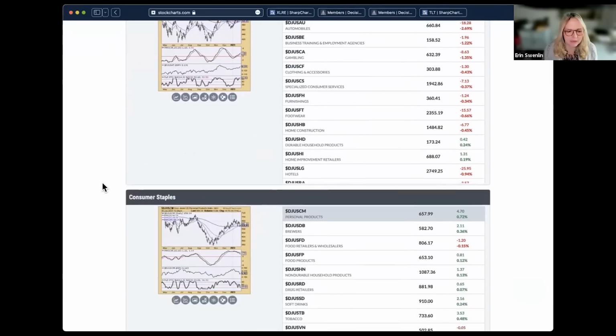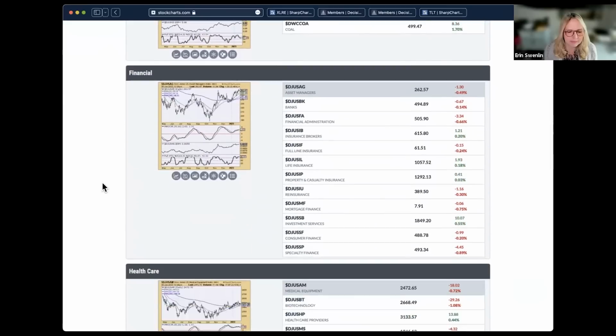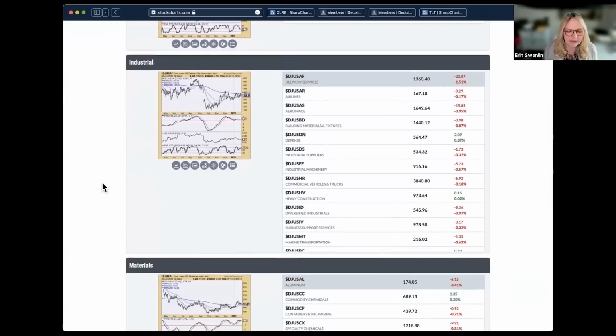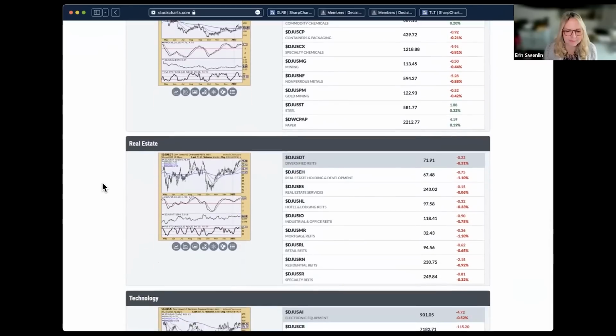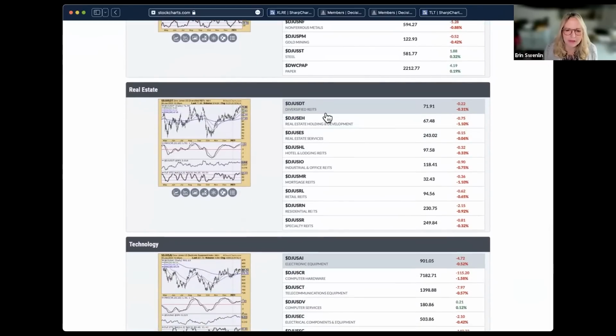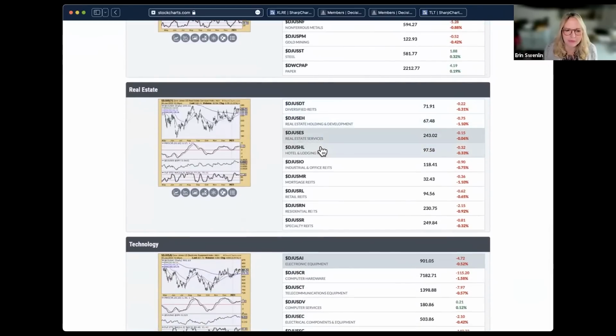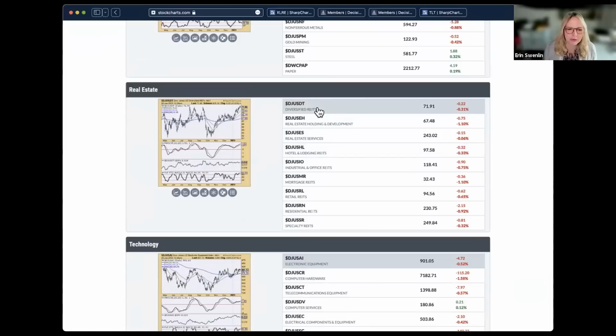But we're going to go down to real estate right now because I like the look of what's going on in there. And we can click through and just look at the different industry groups to see really where is the strength, what is really leading this particular sector higher. So diversified REITs trying to break out here, but have fallen back below this overhead resistance.